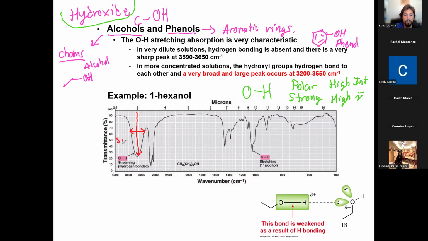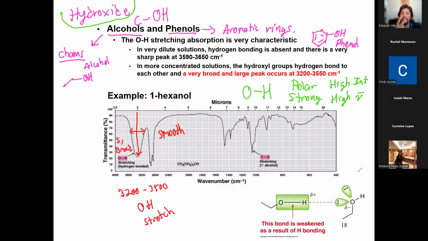But strong, broad, between 32 and 35, this is going to be your OH stretch. Also smooth. I will use the word smooth. You notice many peaks have spikes and edges. This one is just a smooth peak. It's a smooth broad signal.